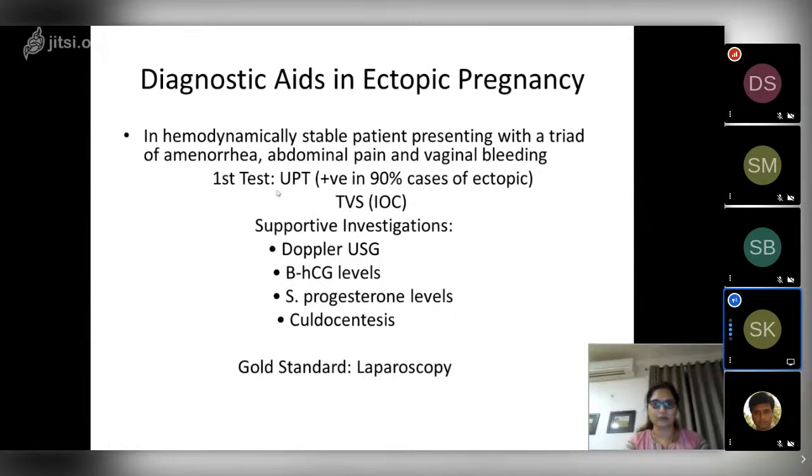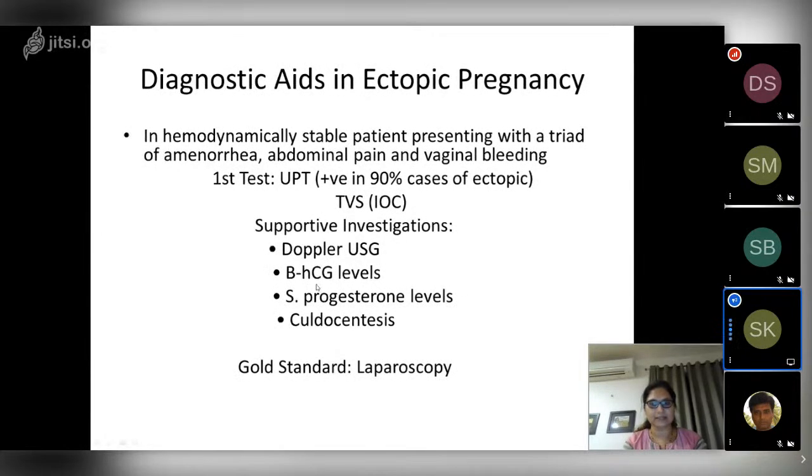Whenever you have a doubt of that adnexal mass being a cyst or any other benign mass, then the presence of color flow on Doppler, with a high suspicion of ectopic pregnancy and a positive UPT, definitely indicates that there is a pregnancy tissue or a sac in the adnexal region. There is an increase in the color flow that helps us to diagnose on Doppler ultrasonography.